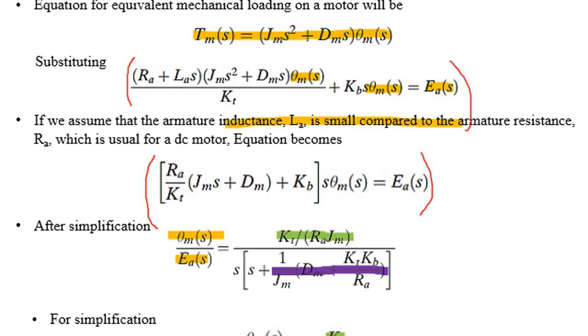This is our desired transfer function whose input is applied voltage and output is angular displacement. In the design process, through this we can determine what type of angular displacement will be covered by the DC motor for a given type of input Ea(s).